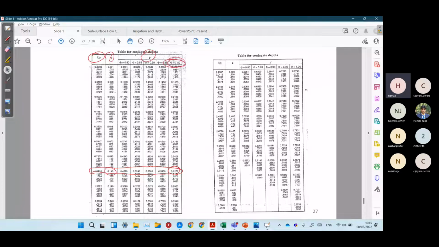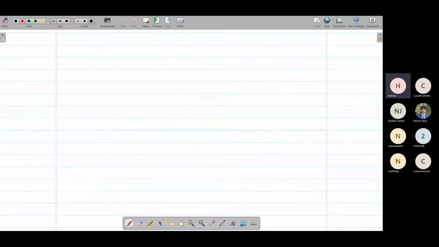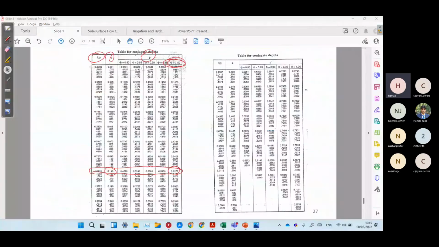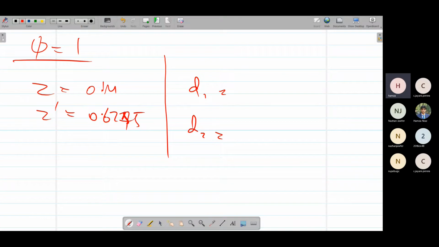We have to pick for phi equal to 1: z and z bar values are 0.14 and 0.6275. Using these z and z bar values, we can calculate D1 and D2, the before and after jump depths, the conjugate depths. That is simply E times z and E times z bar. This is before the jump, this is after the jump, the depth of water.